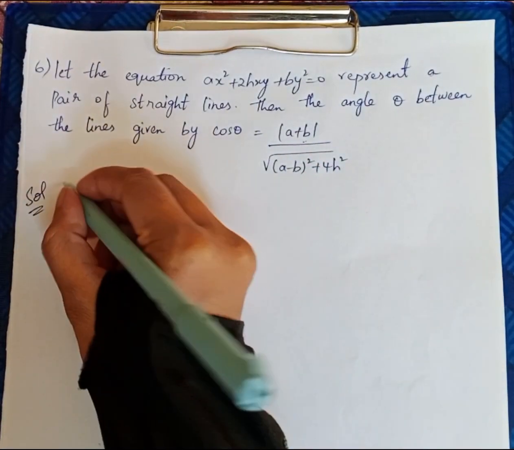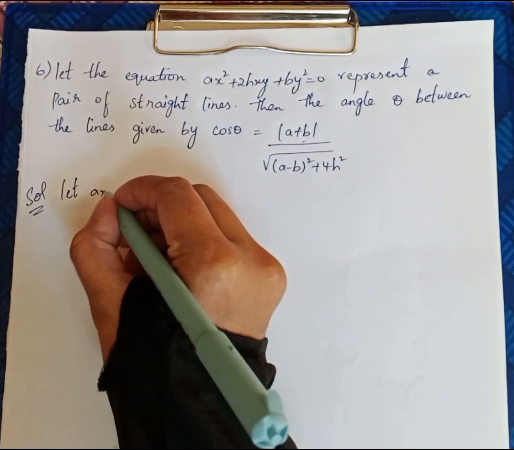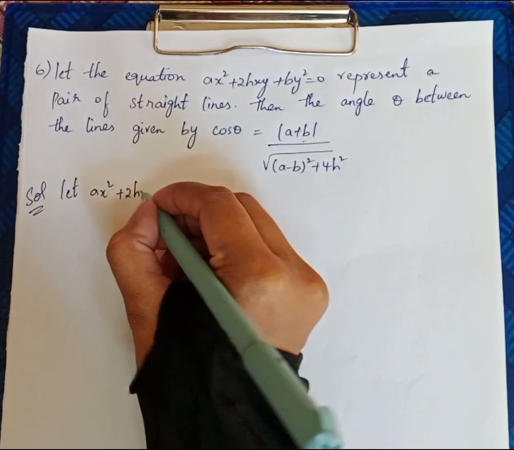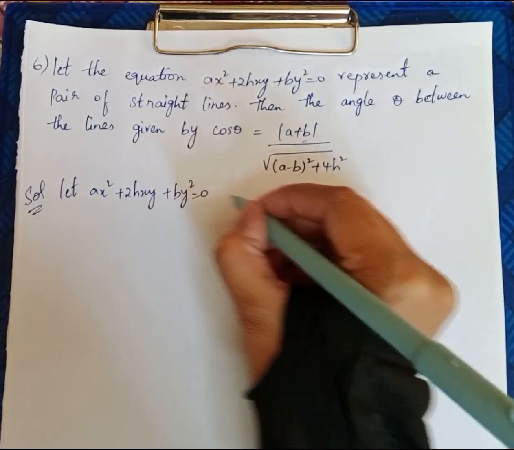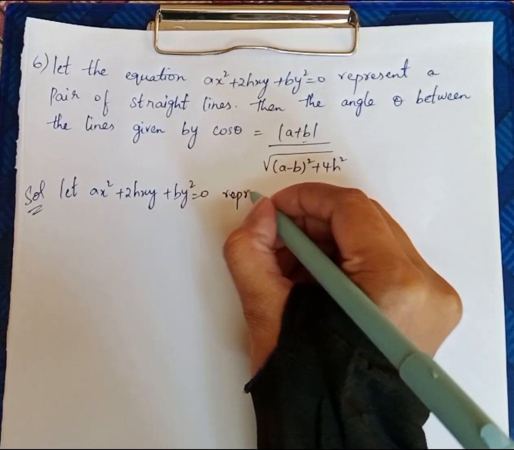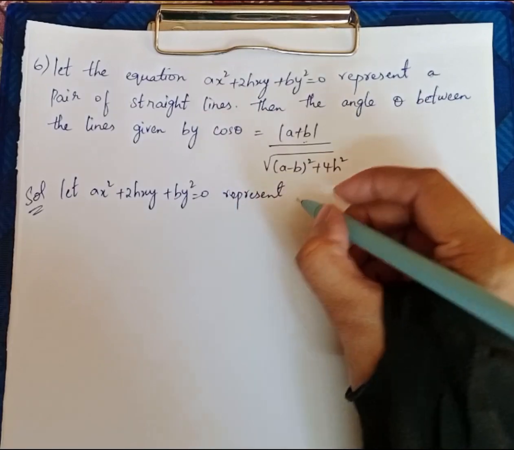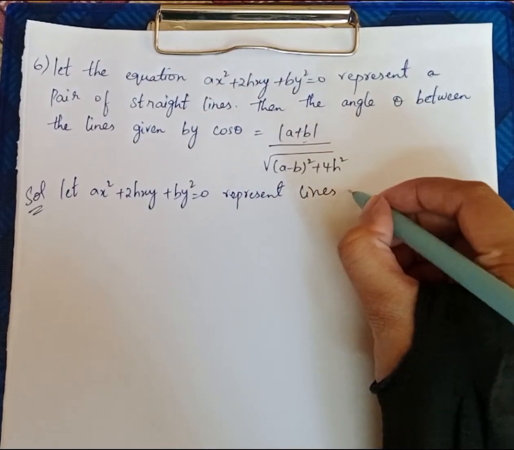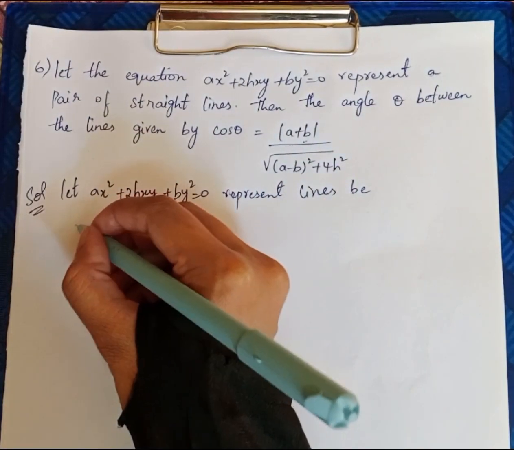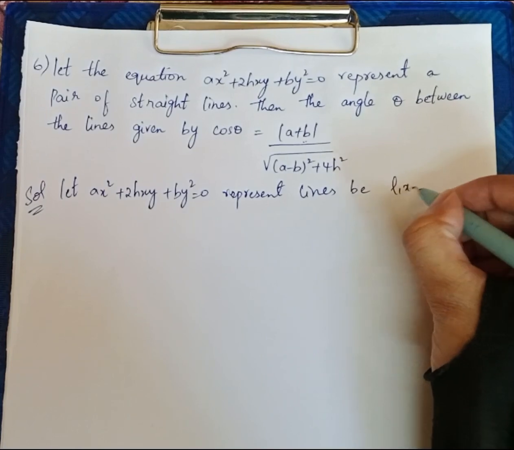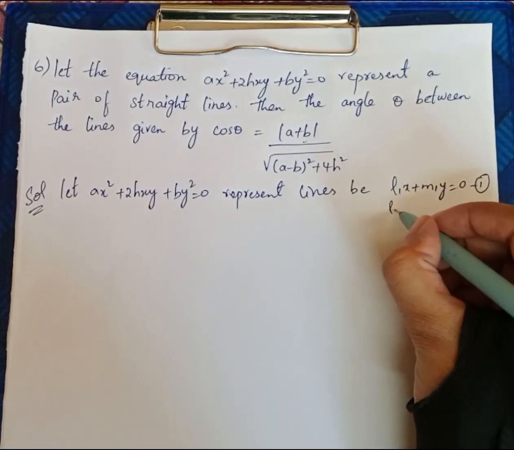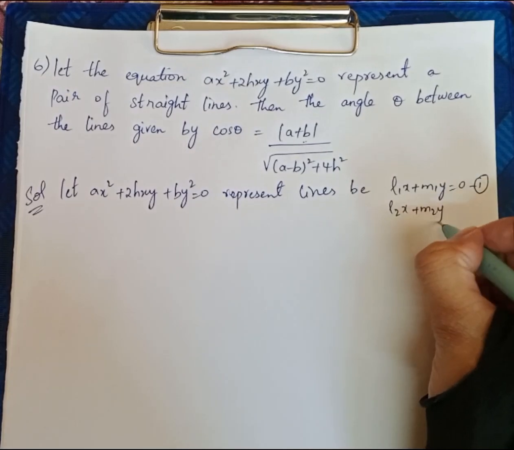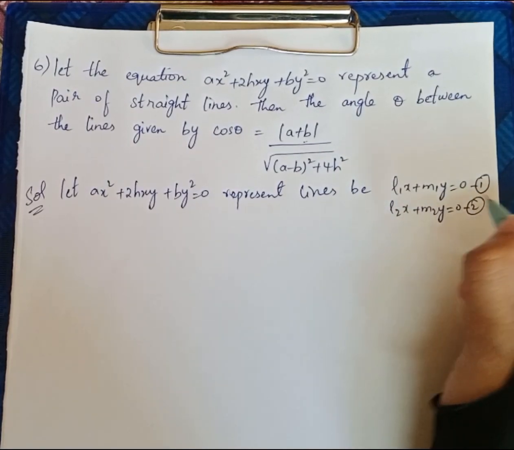So let ax² + 2hxy + by² = 0 represent the lines l1x + m1y = 0, equation 1, and l2x + m2y = 0, equation 2.